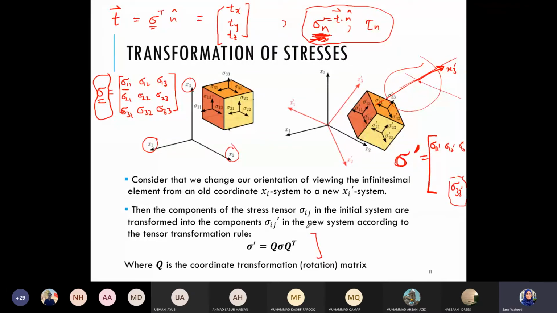And for that, I'm not going into too much detail because this is completely in the realm of maths or tensor manipulation.